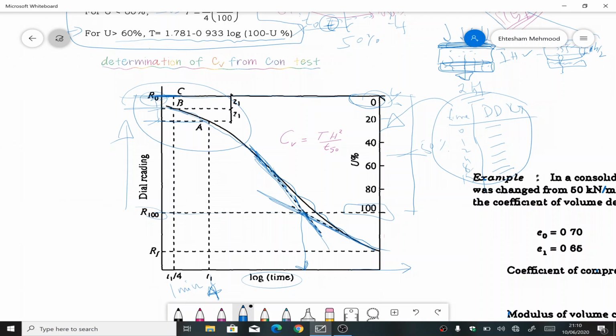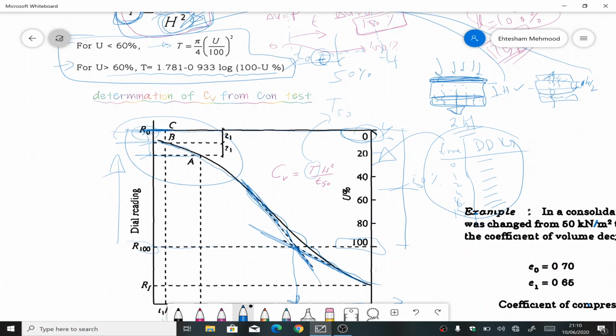First of all, I will find the time factor capital T for T50. I will use this equation here, because it is for less than 60% consolidation. I will plug 50 here: T equals pi over 4 times (50 divided by 100) squared. So T50 would come from this equation.